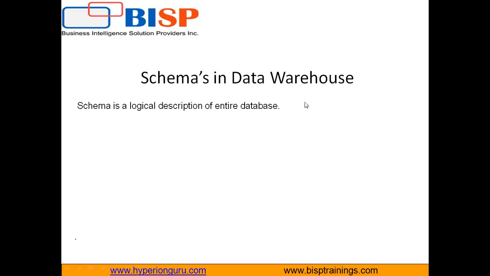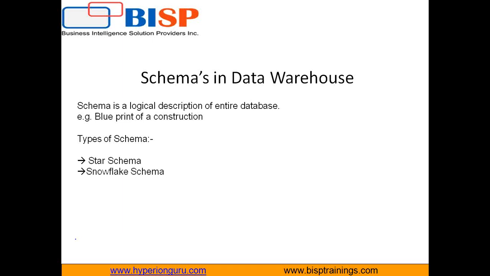Now, in current data warehouse structure, we are having three types of schema that are normally followed. One is the star schema. Next one is the snowflake schema, and the third one is the fact constellation schema.